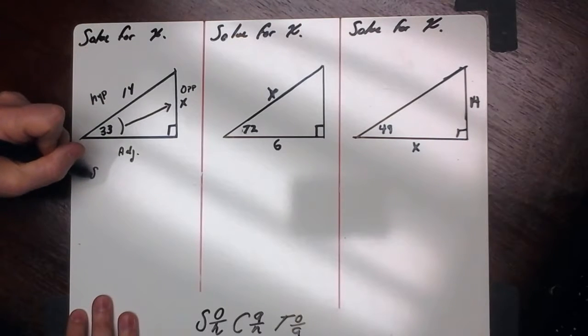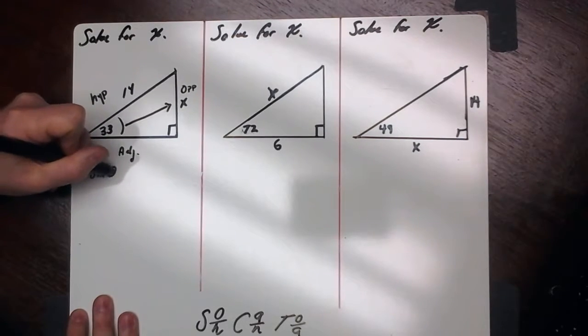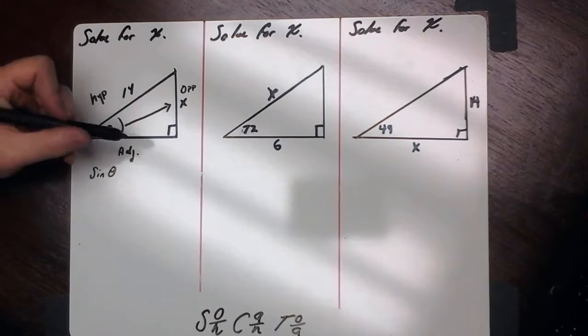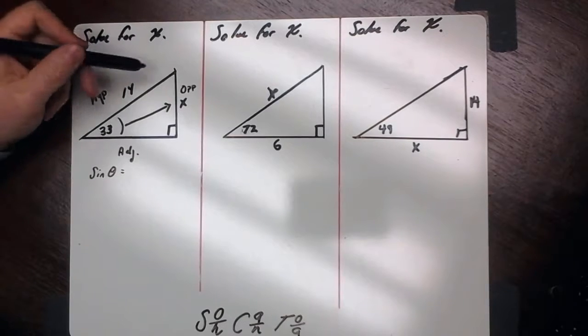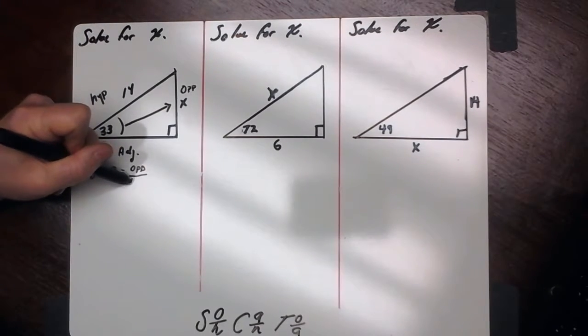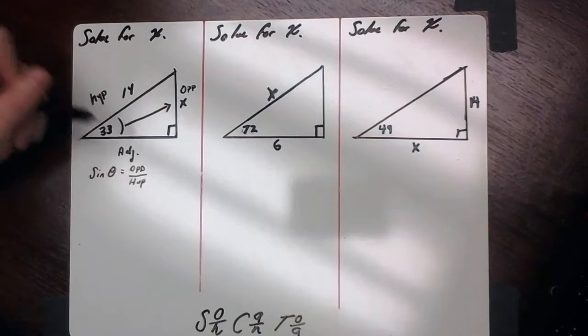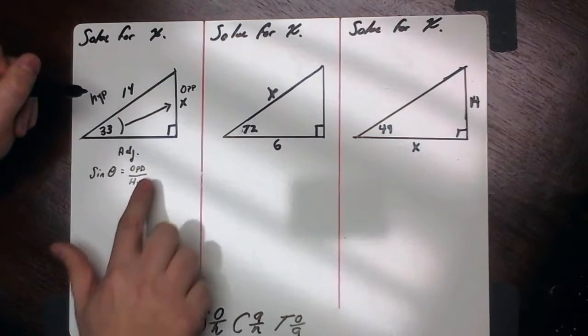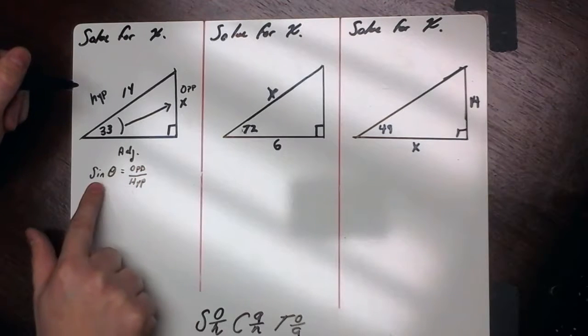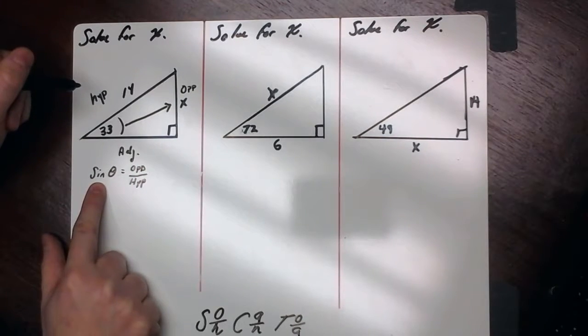So I am dealing with sine of theta. Theta is just a Greek letter for angles. And the opposite and the hypotenuse, right? So that's how we find it: we divide these two to find this ratio with that angle.